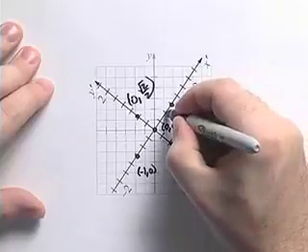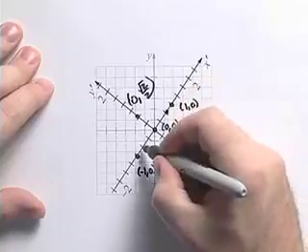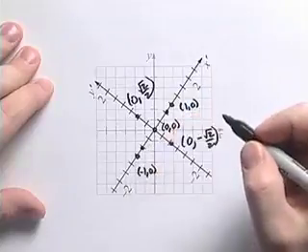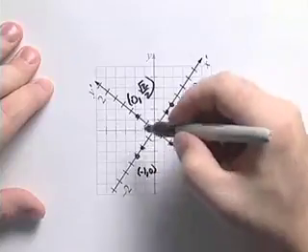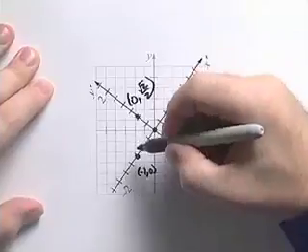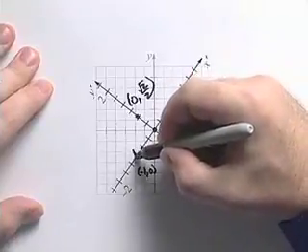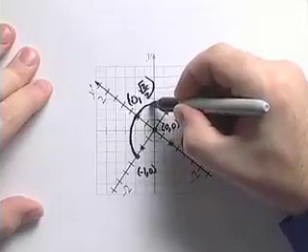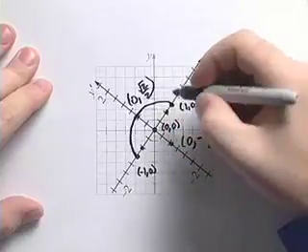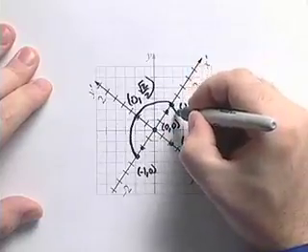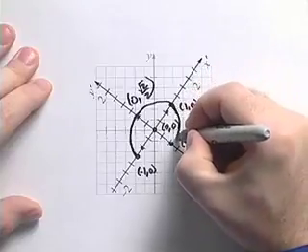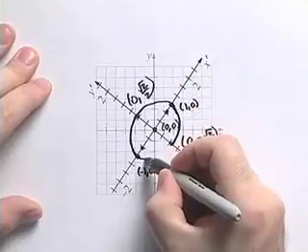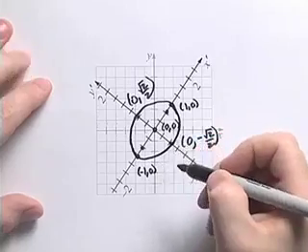So our foci are going to be about here and about there. We're going to go ahead and sketch the graph of our ellipse in the x prime, y prime plane. And so there's the graph of our ellipse.